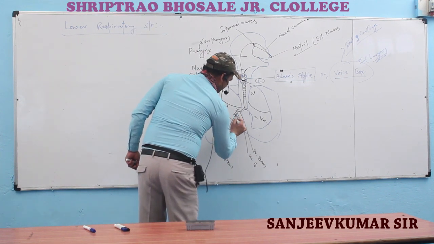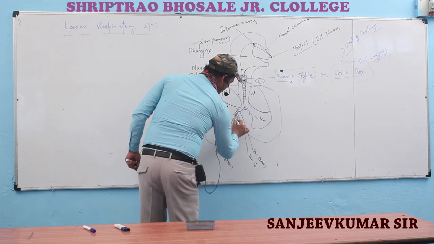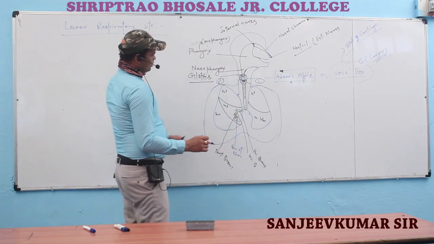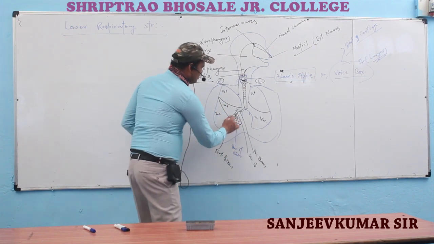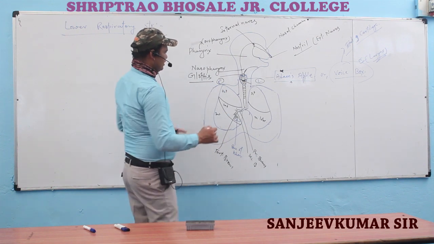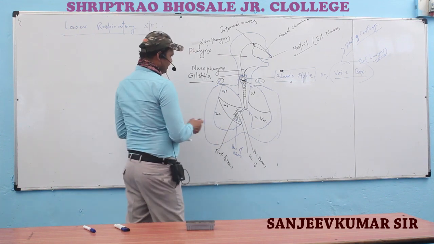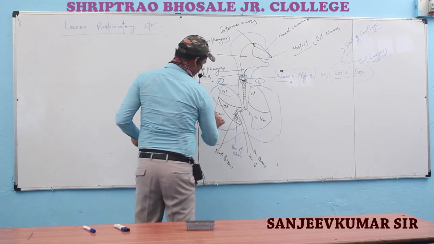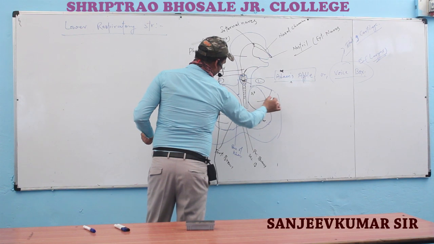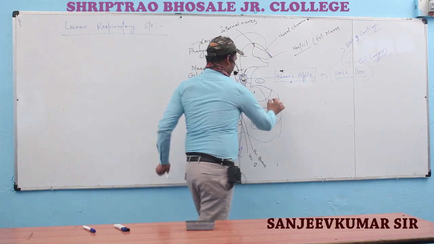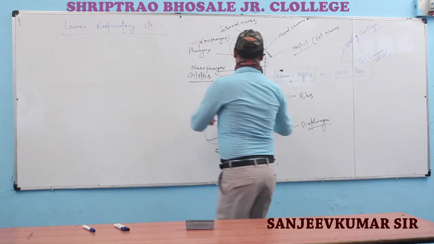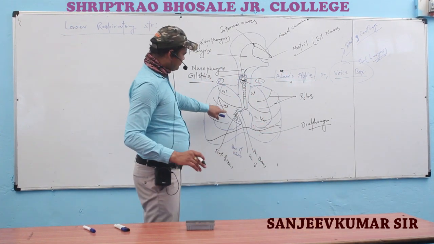And there is a connection between the alveoli, that is the pore of Kohn. This is the structure of the lungs, which is further encased by the ribs.